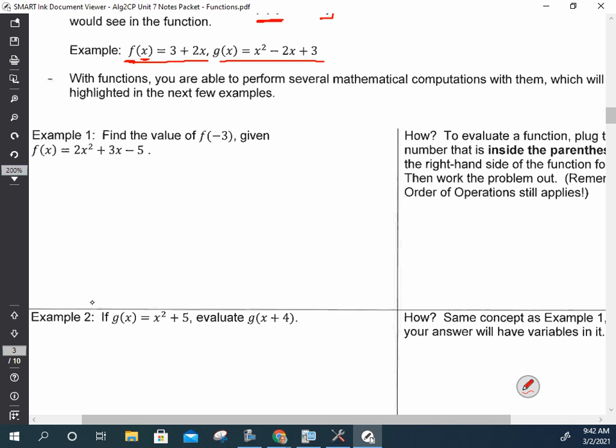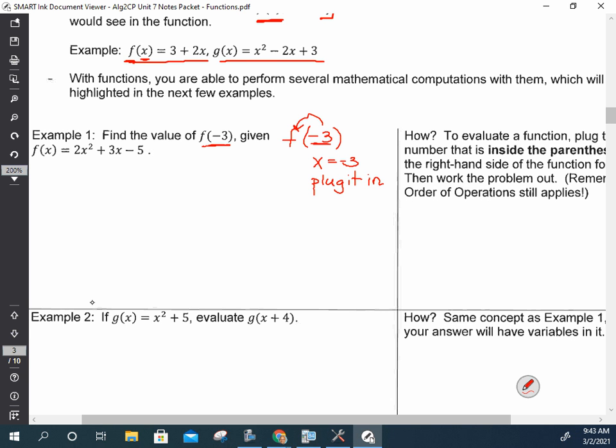Find the value of f of negative 3 given 2x squared plus 3x minus 5. So f of negative 3 means plug negative 3 into the f function. F of negative 3 means that x is equal to negative 3. Plug it in.